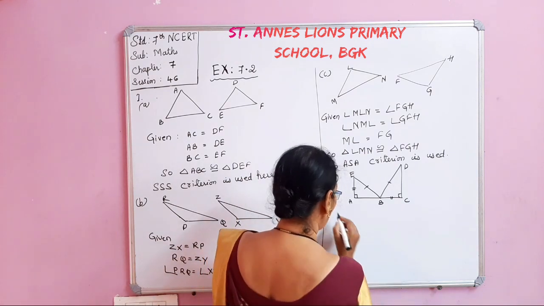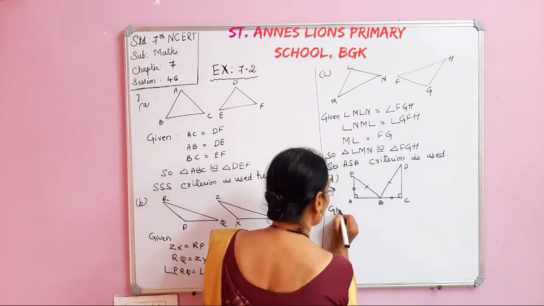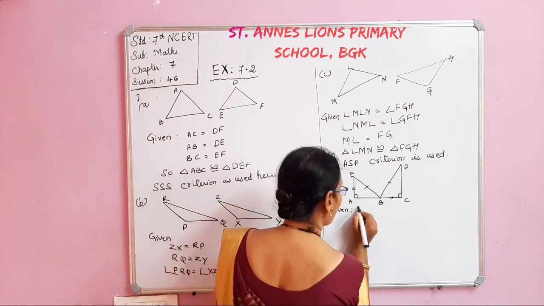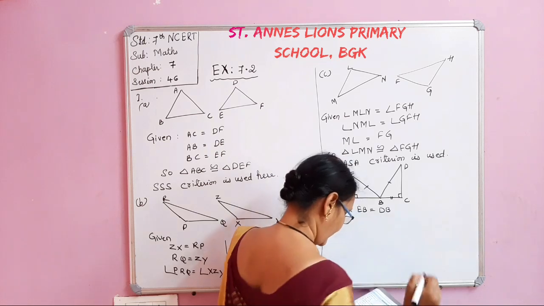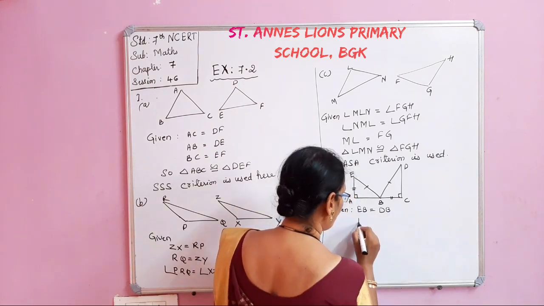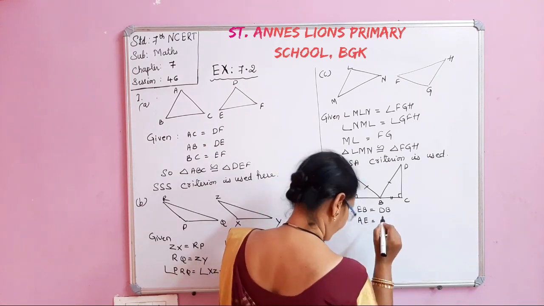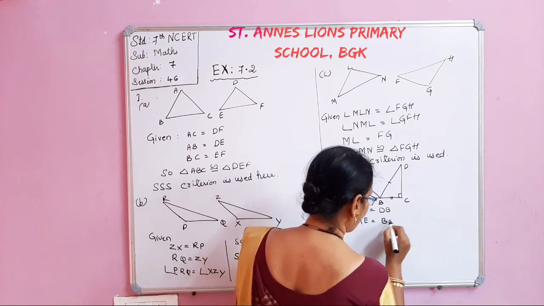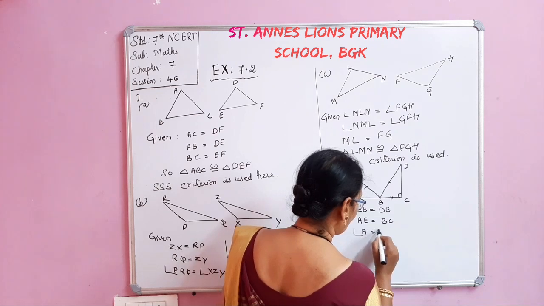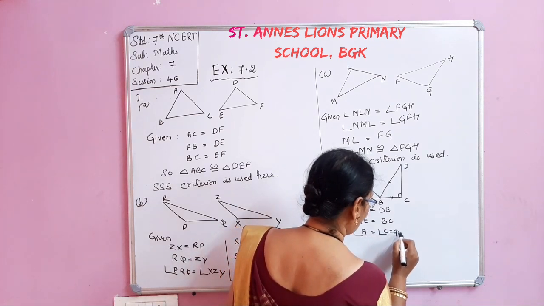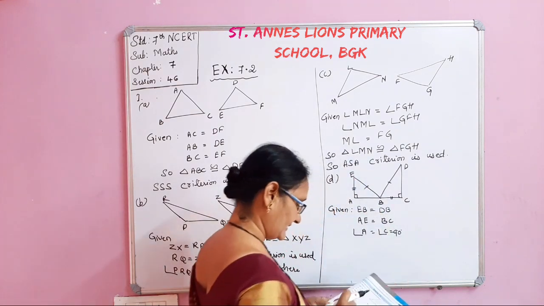EB is equal to DB, given. AE is equal to BC, angle A is equal to angle C equal to 90 degree. These two are 90 degree.